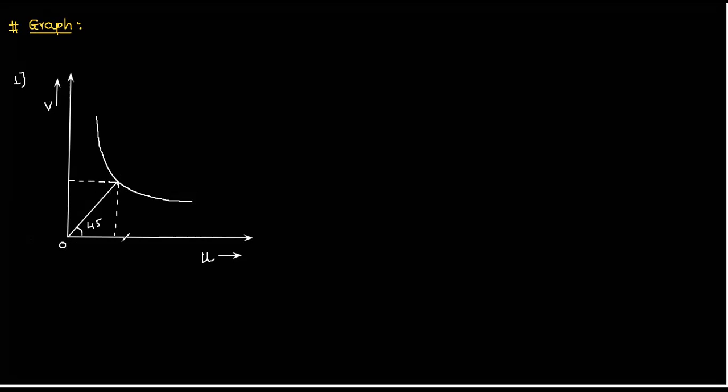This is your origin O, this point is A, this point is B. Now, how to find focal length from this graph? f is equal to, just measure this distance OA plus this OB, and divide it by 4, and you will get the focal length from this graph. Clear? This is the V versus U graph.